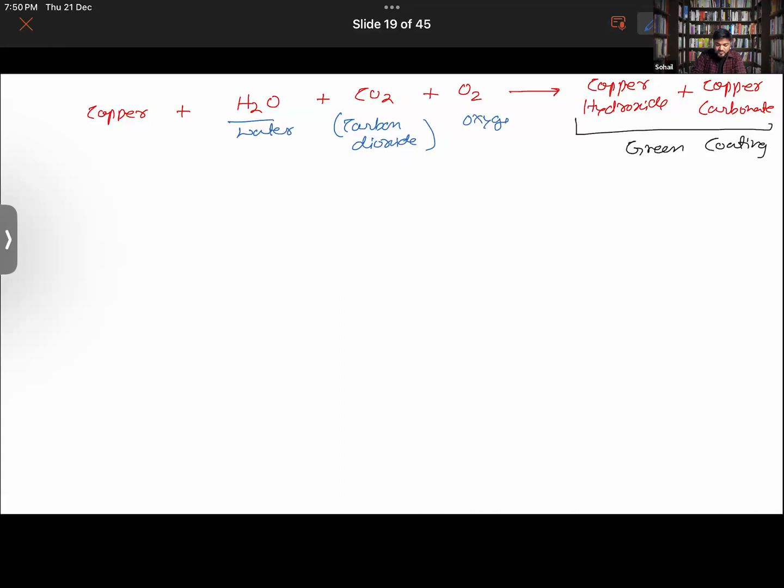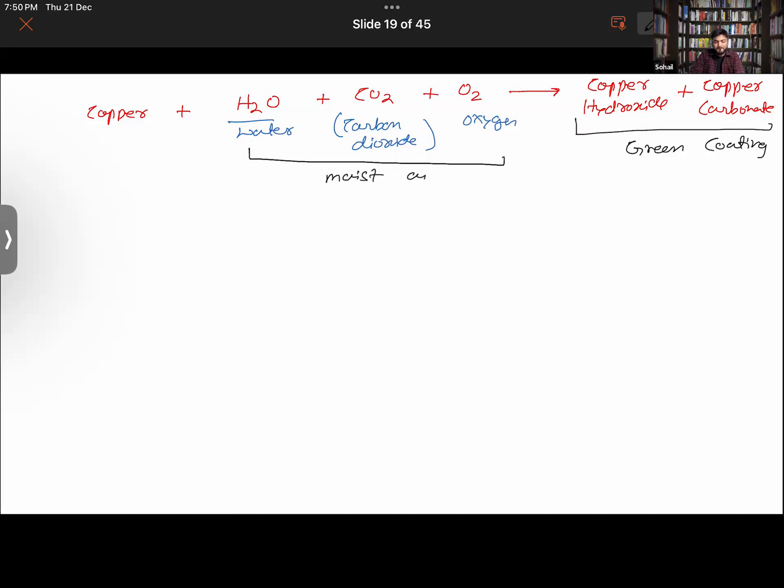So that's why, due to the deposition of a layer of copper hydroxide and copper carbonate over the copper utensils or any object made of copper, it turns greenish in color. And where is all this coming from? This water, oxygen, carbon dioxide is basically from moist air.